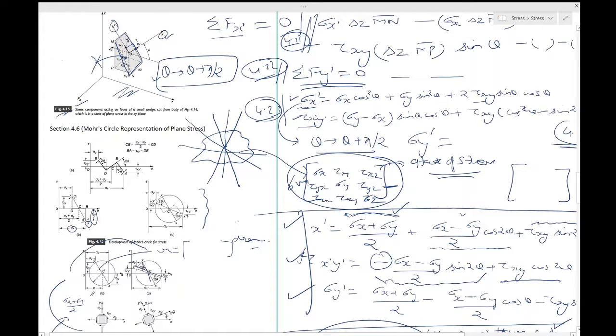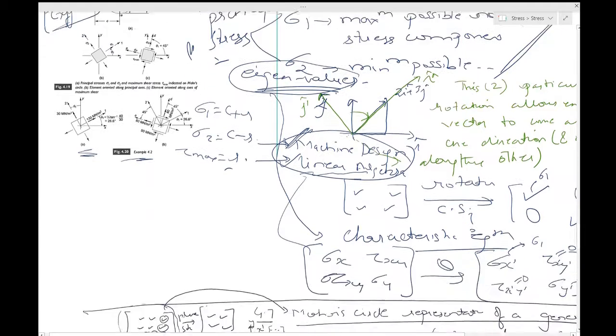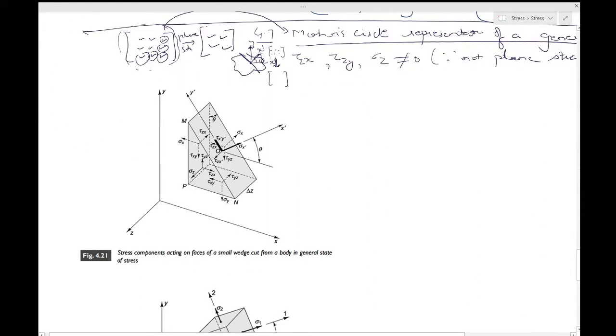For example, you do not have tau zx, you do not have tau zy. Okay, in our case we will take that. So let's see how that is done. So if we cut out a small wedge similar to figure 4.15, we find that the stress components acting on the wedge are as shown in figure 4.21.